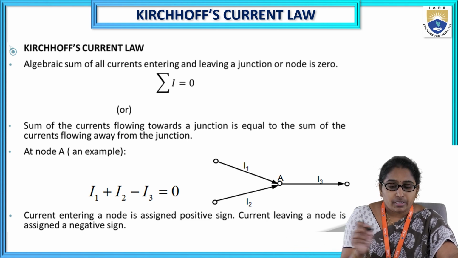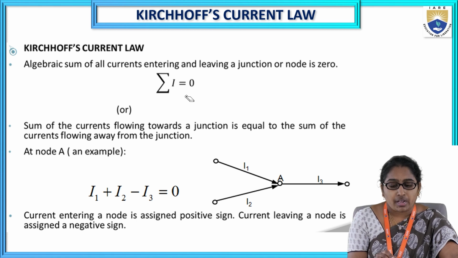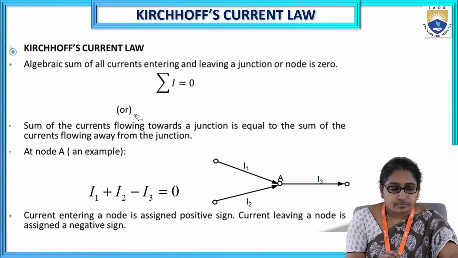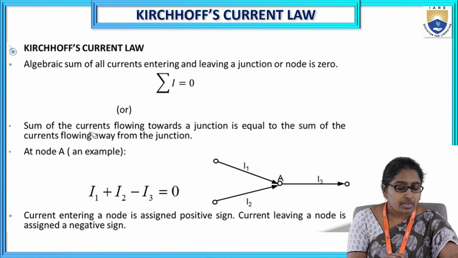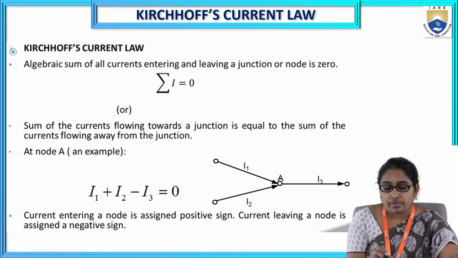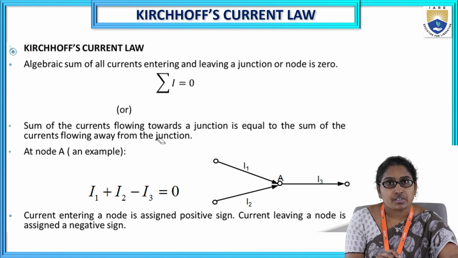Mathematically it is expressed like this: sigma I equal to 0. Or the same KCL statement is also mentioned like this: the sum of currents flowing towards a junction is equal to the sum of currents flowing away from the junction.